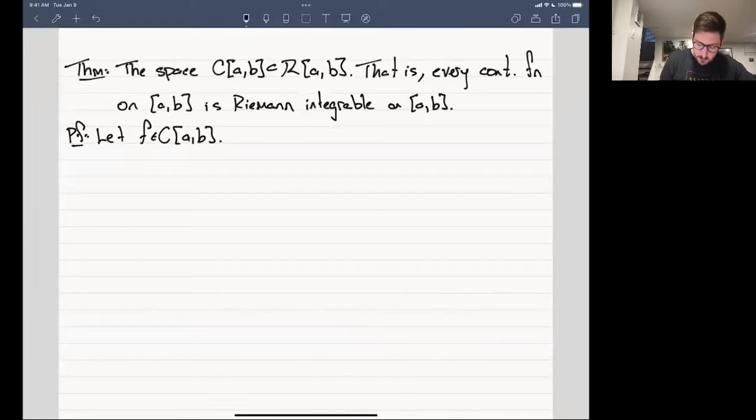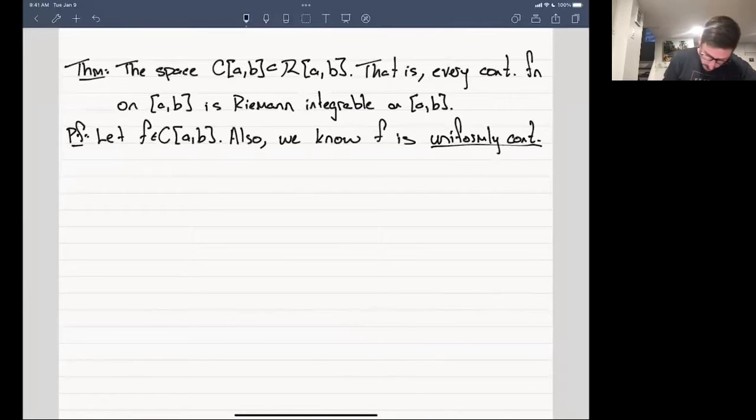Now, since we have a finite interval, a to b, we also know that f is uniformly continuous on AB. We proved this back when we were talking about continuous functions. So not only is this thing continuous on the interval, it's uniformly continuous on the interval.